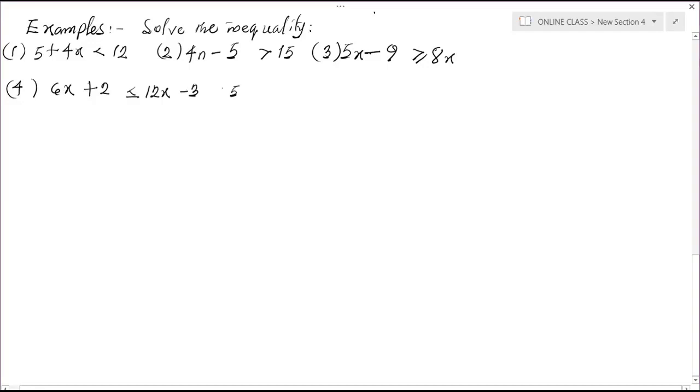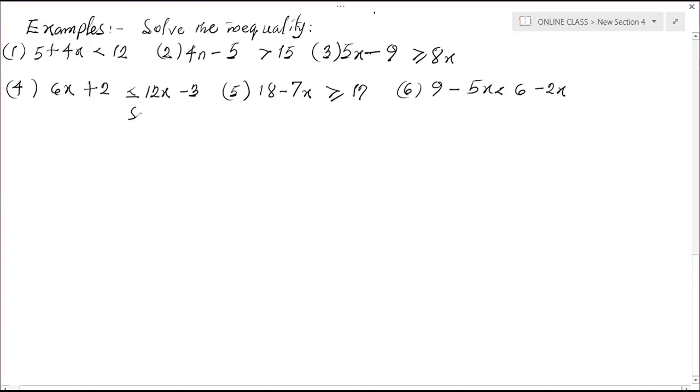Number 5 states 18 minus 7x is greater than or equal to 17. Number 6, being the last question, is 9 minus 5x less than 6 minus 2x.